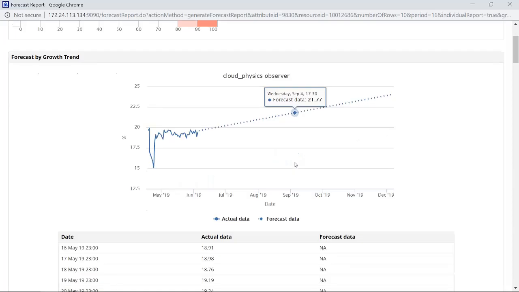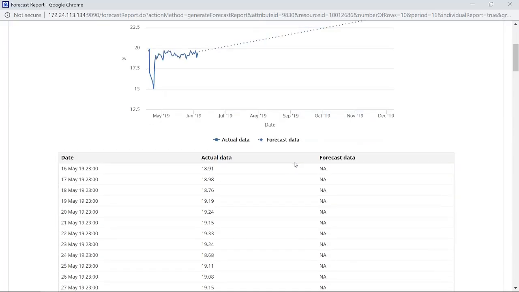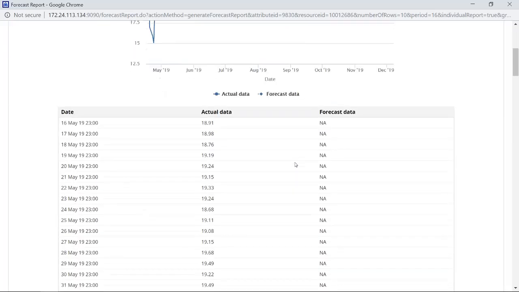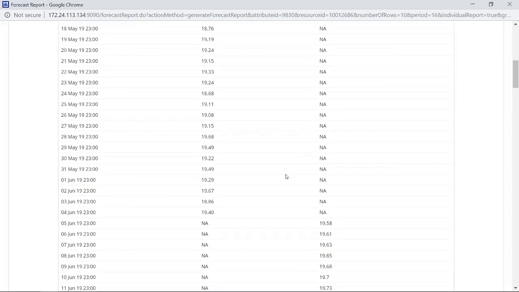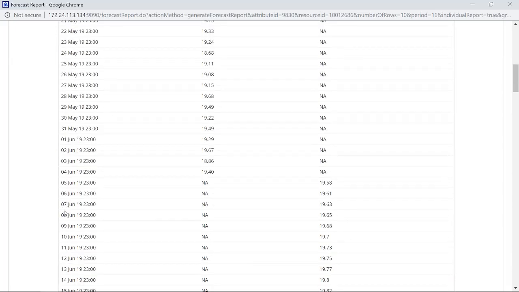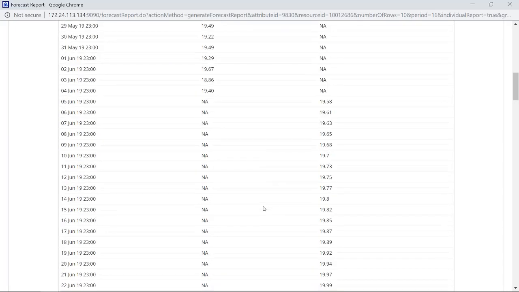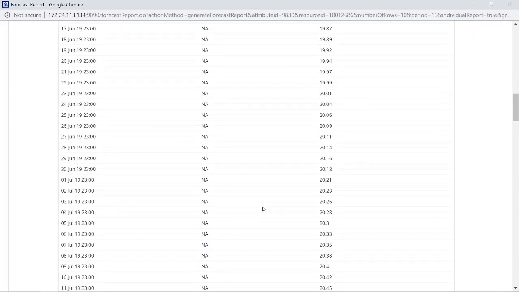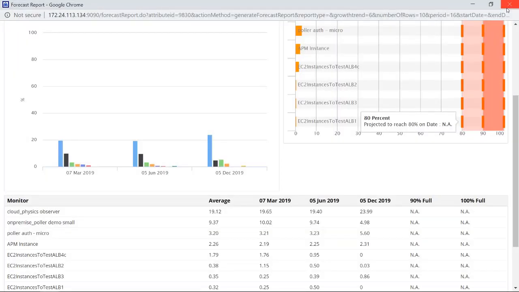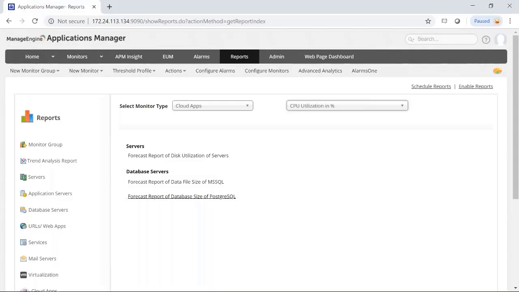To get more information, we can identify what the utilization will be across various time intervals. As we see here, on 7th June, it states that the utilization is going to be 19.6. Similarly, moving further down, the utilization value changes based on the trends. So this is how a user can easily keep track of their resources with the help of effective resource planning.